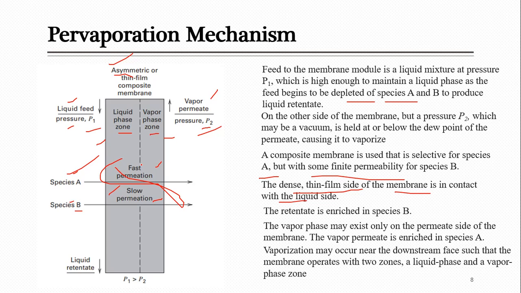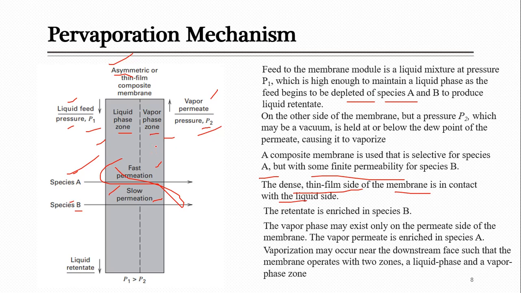And why is it converted to the vapor phase? As we are using a combination of porous and non-porous membrane, when it passes through the dense or non-porous part, it exists in liquid form. But as it moves toward the porous part, the part which contains pores, there will definitely be the effect of the vacuum.